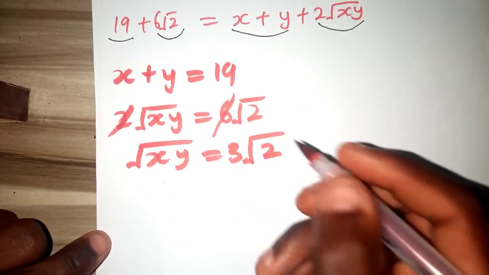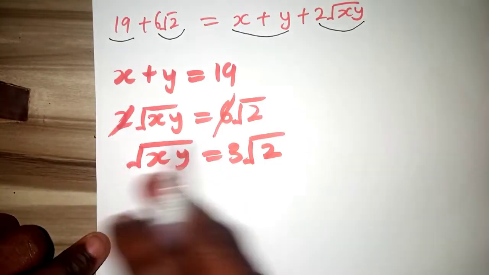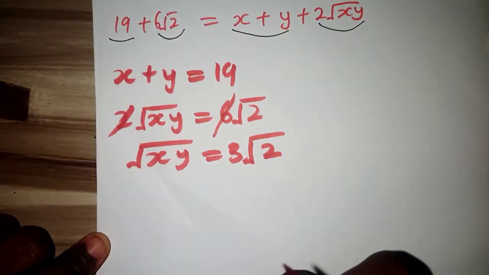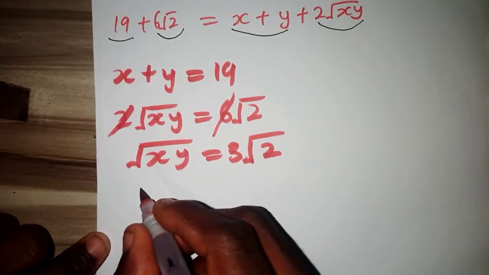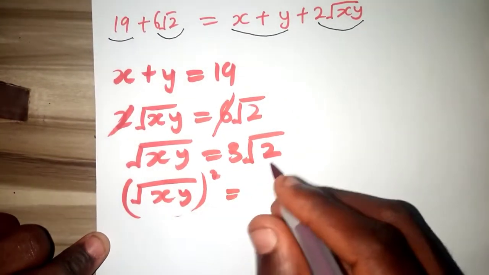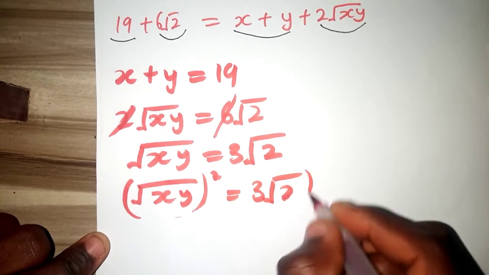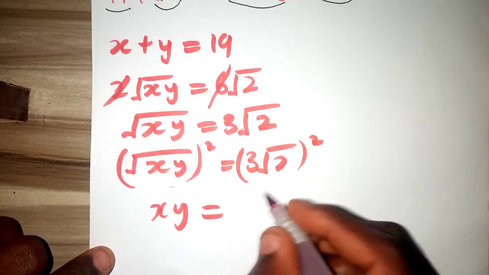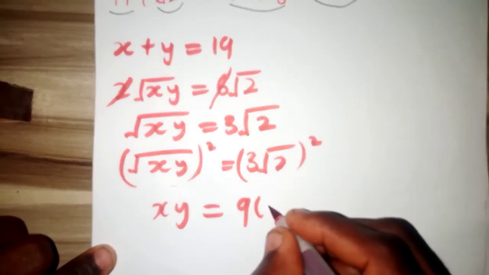After we have done this, we still have to square this thing. If you don't square it, you are not going to get rid of this square root. So let's square it again. So root xy squared and 3 root 2 squared gives xy equal to 9 times 2.